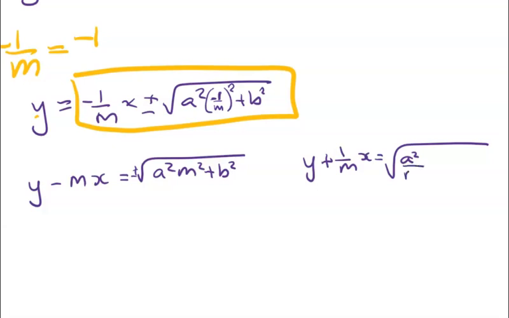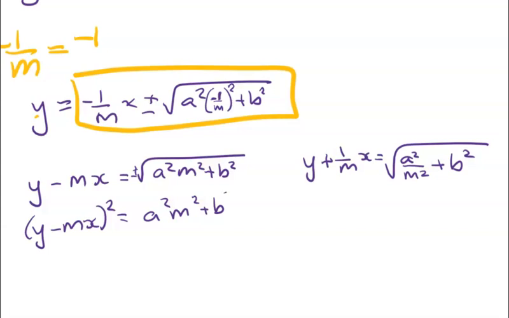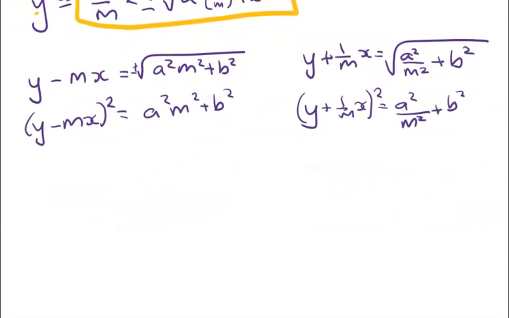Right, so this here is a squared over m squared plus b squared. And now I'm going to square both of those. And I get this for tangent 1, and this for tangent 2. And now we have some algebra to work through.